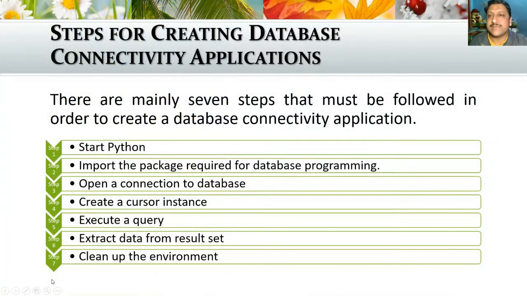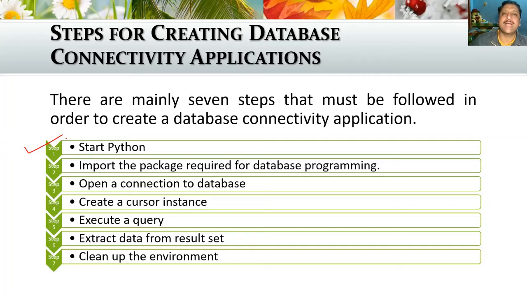So many steps are there. Okay, total 7 steps are there. Steps for creating database connectivity applications. There are mainly 7 steps that must be followed in order to create a database connectivity application. First, we have to start Python.